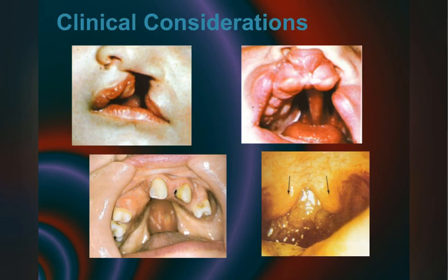Here in this picture we see bilateral cleft lips with a cleft palate. So there was failure of fusion between maxillary process, medial nasal process, maxillary process, medial nasal process on both sides. That's why it's bilateral. And cleft palate, failure of fusion between the lateral palatal shelves together.